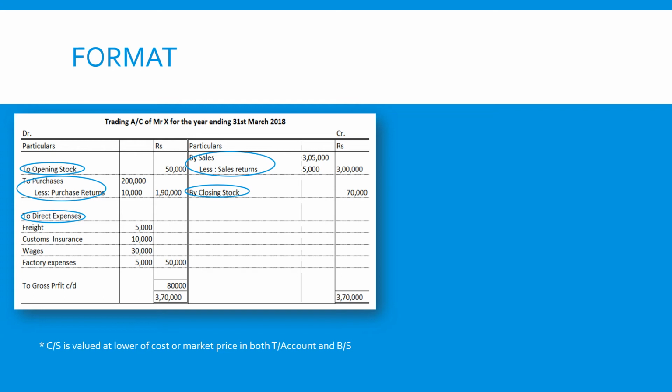But while you are closing your books and drawing up the trading account, on that day the raw material price is not 100 but 95. Then you need to record the transaction at 95 and not 100. Always keep this principle in mind: closing stock is always valued at the lower of cost or market price.